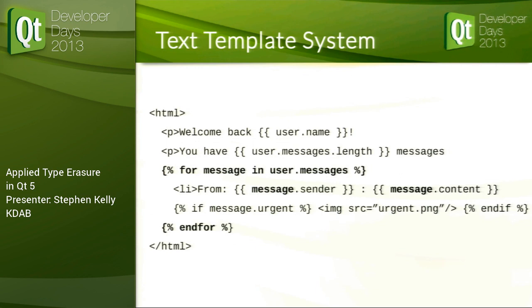And now you can see, or possibly imagine, how something like this for loop would work. Messages, again, that's a property on a user type. Here I have a user instance. I read the messages property. I create a QSequentialIterable. Loop over everything. Check if I'm able to convert the type to a QObject.